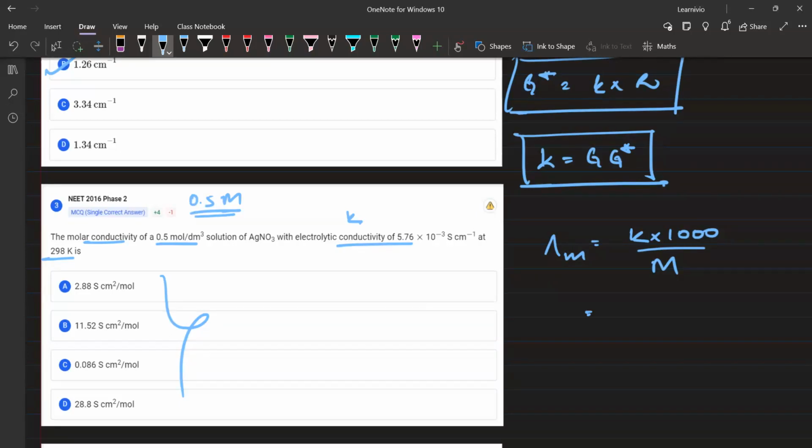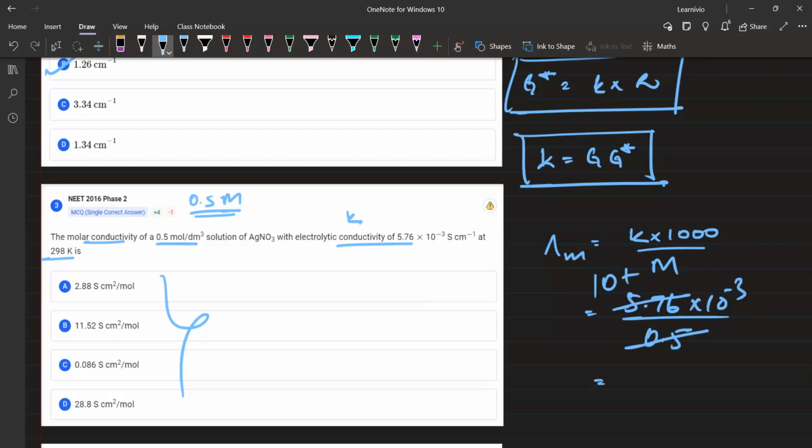So kappa is 5.76 into 10 to the power minus 3 divided by molarity, which is 0.5. If I look at these two values, this will be 0.5 into 10, a little more than 10, so a value of a bit more than 10 will come. I hope that makes sense.